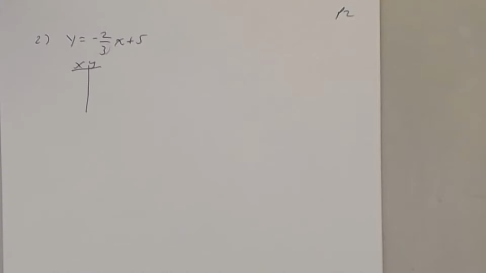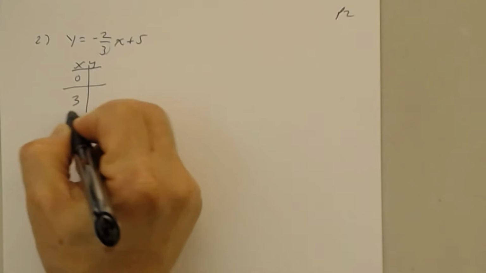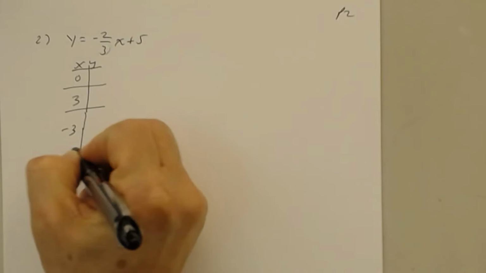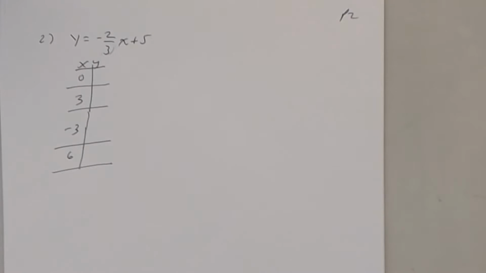So numbers divisible by 3 are 0, 3, negative 3, 6, negative 6, 9, negative 9, and so on. You know what I mean by divisible? 0 is always divisible by a number other than 0. So 0, 3, negative 3, and I'm going to say 6 as well. Those are the ones we're going to look at.